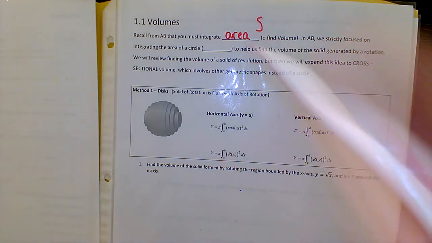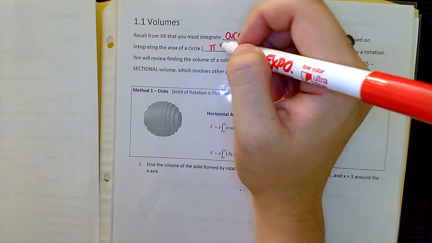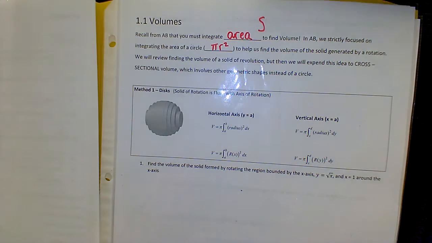Okay, Cameron? Pi, and what was the second part? R squared. Perfect. If we're going to figure out the volume of an object, we're going to rotate it in a circular motion around an axis, and in that circular motion we're going to integrate the area of a circle, pi r squared.